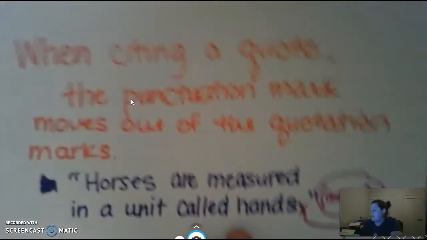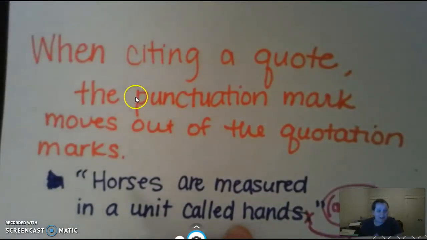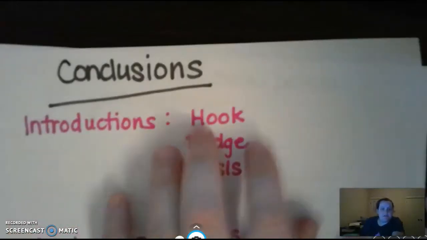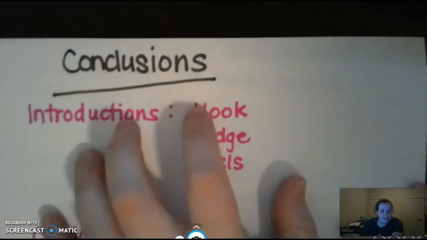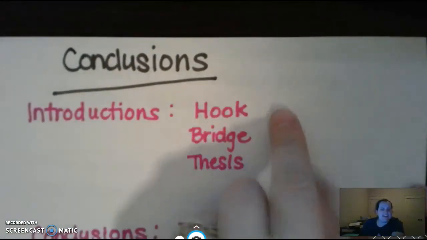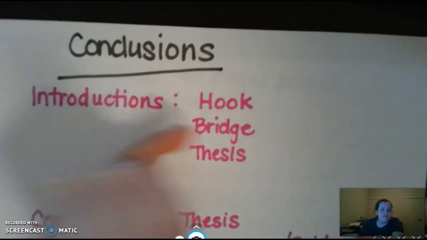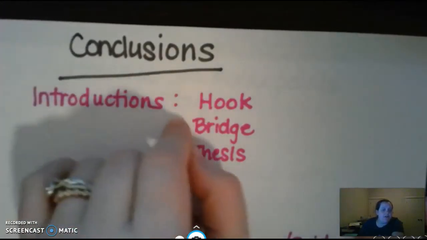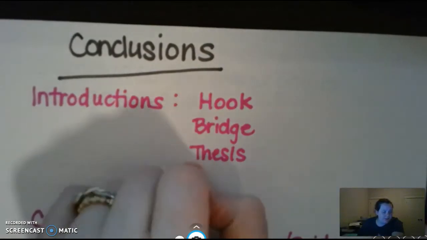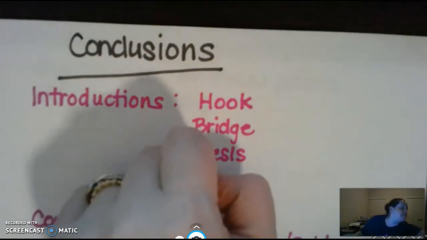All right. The last thing I am going to talk about is going to be writing a conclusion. So when you are writing a conclusion, it is going to be very similar to your introduction. So your introduction starts with the hook, the bridge, and then the thesis. So we've already talked about that.